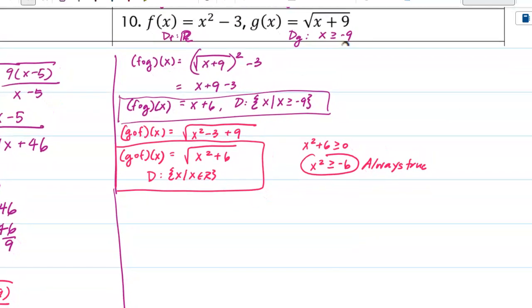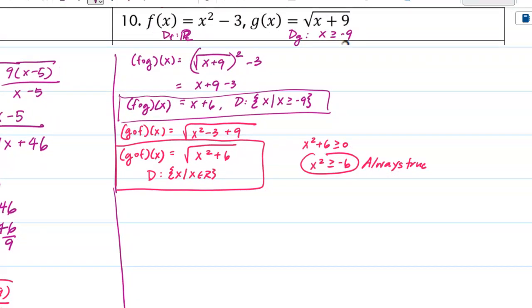Okay, let's do f of f first. f of f of x. Let's go ahead and open up that square, put another square in it, minus 3. You can expand that out if you want.